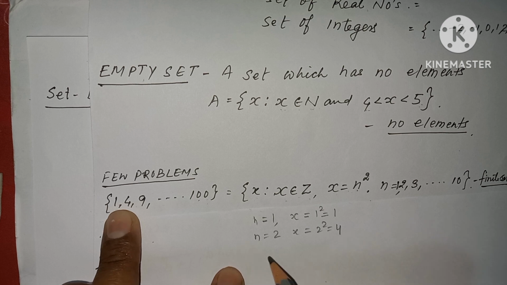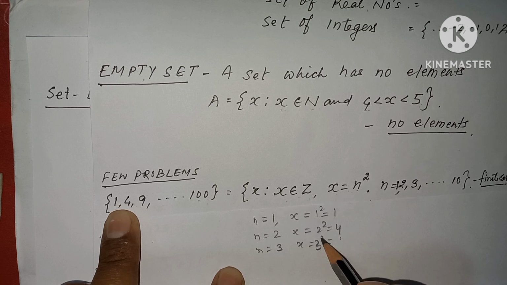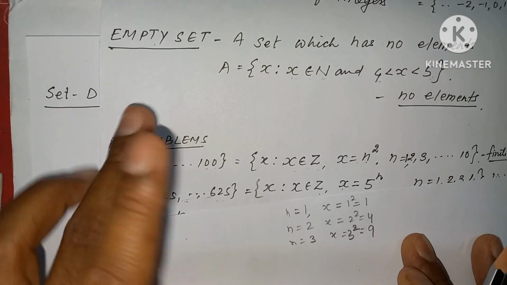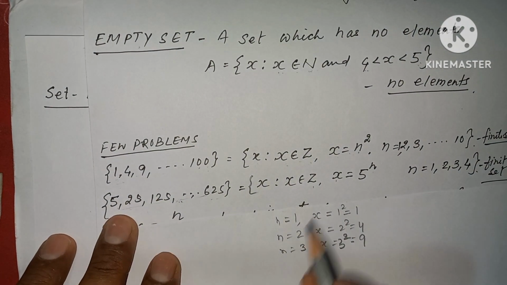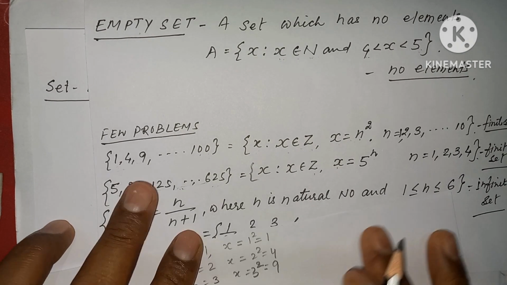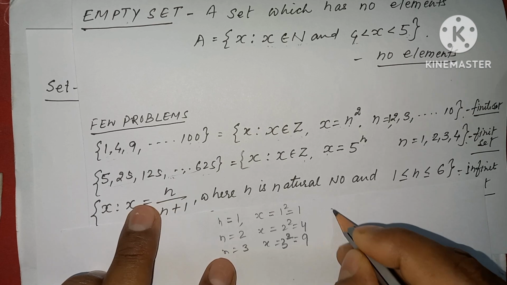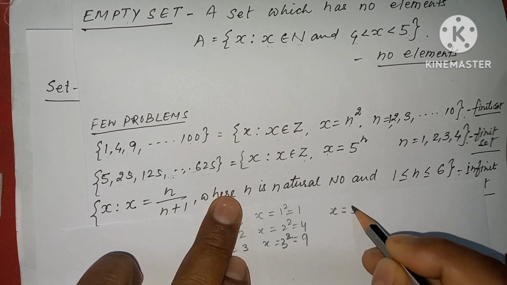And this is n equal to 3. x equal to 3 to the power 2 is equal to 9. So these are its elements. So similarly we can write down this set: x is equal to 5 to the power n.